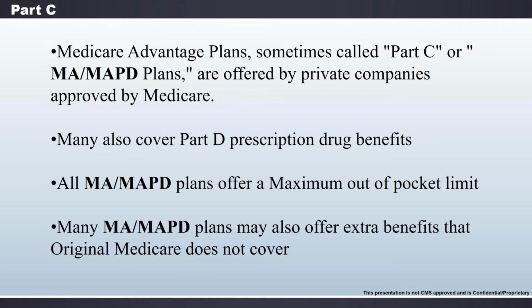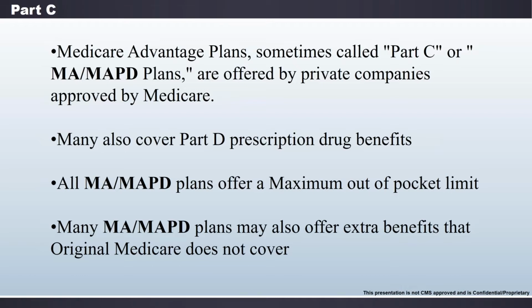And the other key thing that all these plans must offer, and this is part of being contracted with Medicare, we had talked earlier that Medicare itself doesn't have an out-of-pocket maximum. These plans must provide one.